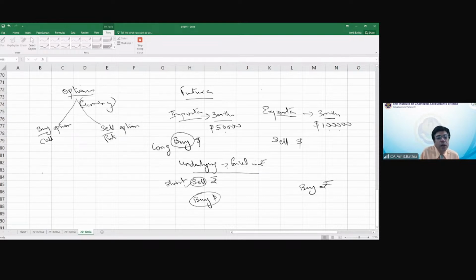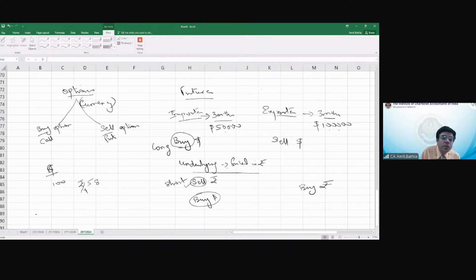Now, what are the parties involved and what is basically the process? So, for example, I have, let's say, dollars with me. Say I have $100 with me, and I want to sell this. The prevailing rate is, let's say, 58 rupees per dollar.